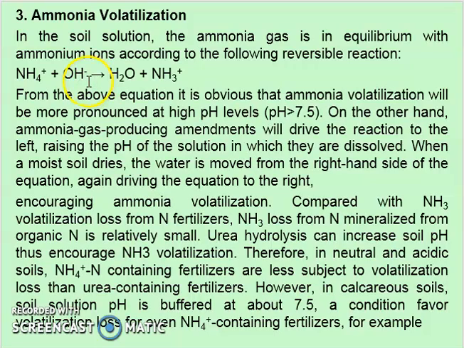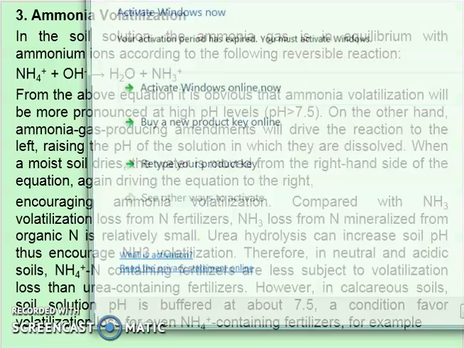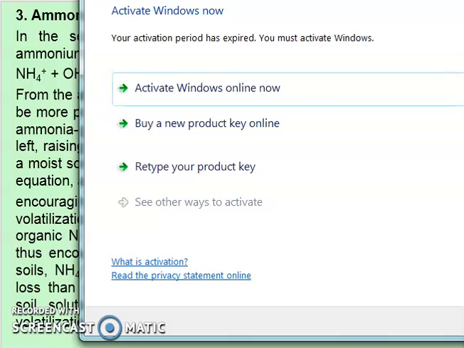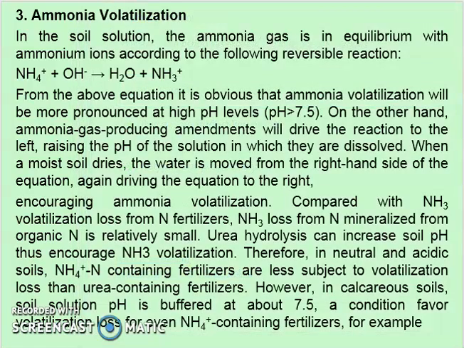So these OH and ammonium produce ammonia and water. Ammonia volatilizes and is lost from the soil, and the plant can't benefit from it.